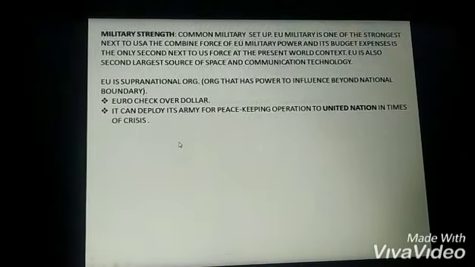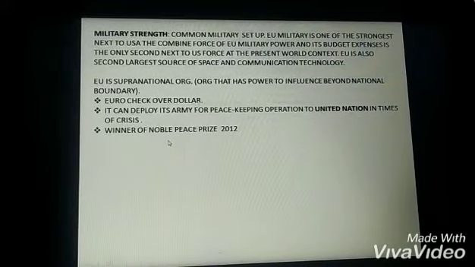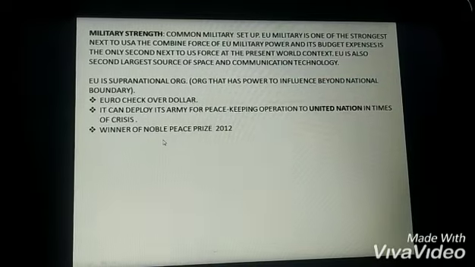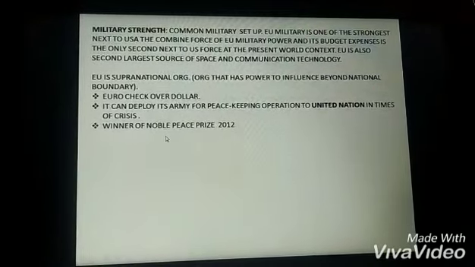Because of all these things, they can influence and have a good say in the decision making of the United Nations also. And this European Union is also a winner of the Nobel Peace Prize in 2012 as an organization.